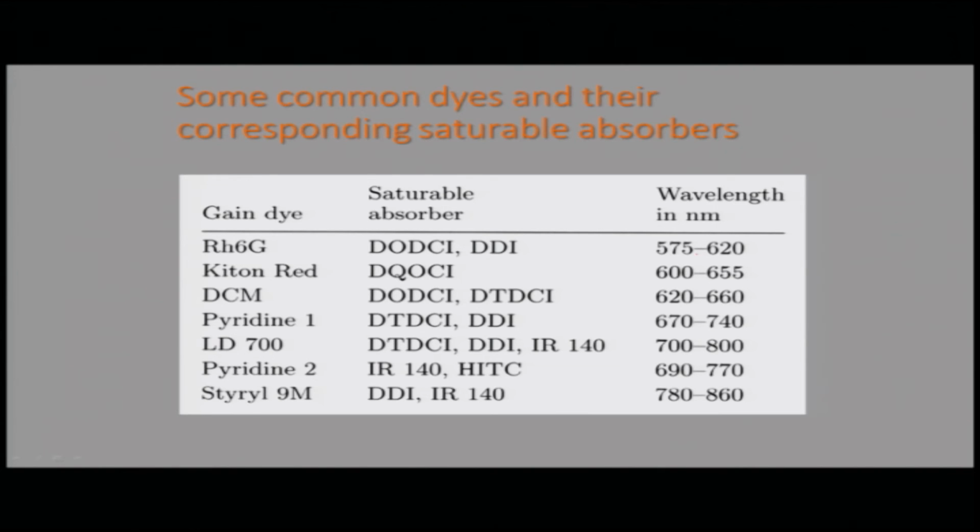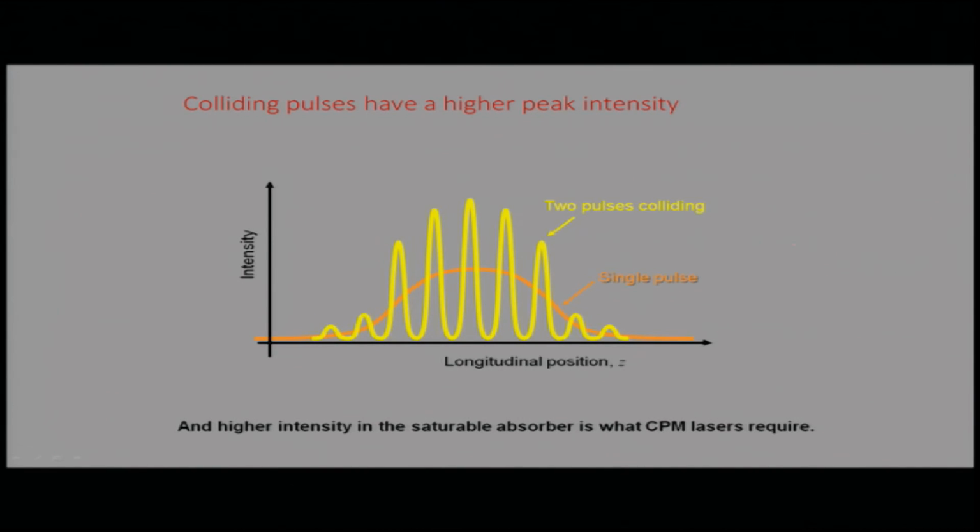Here are some of the dye lasers which were used for producing the initial short pulse lasers. In fact, the Nobel Prize which went to Zewail, who is no more, for demonstrating the first very short time dynamics, was incidentally using these kinds of dye lasers, which were able to go down to very short pulses. This is essentially the first of its kind, a ring dye laser, where the pulses were made to collide, and higher intensity of the saturable absorber is what was being used.